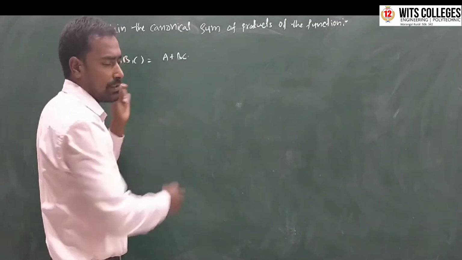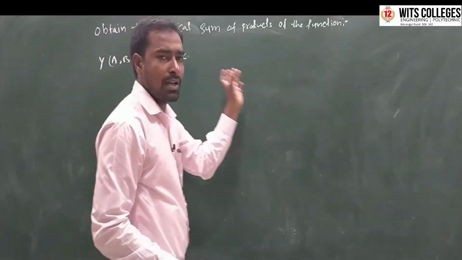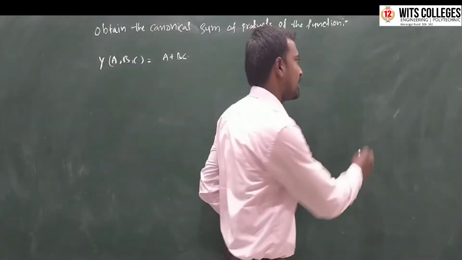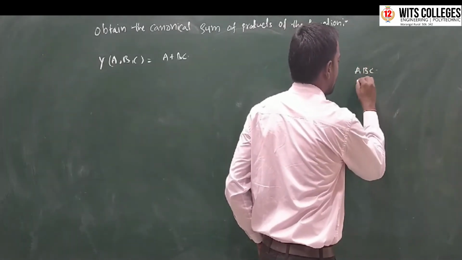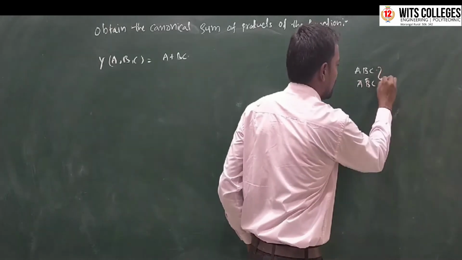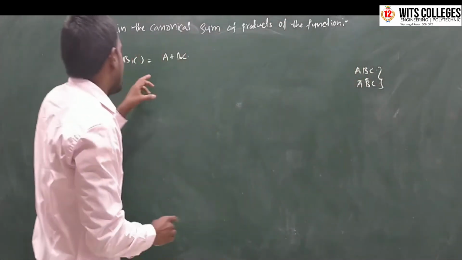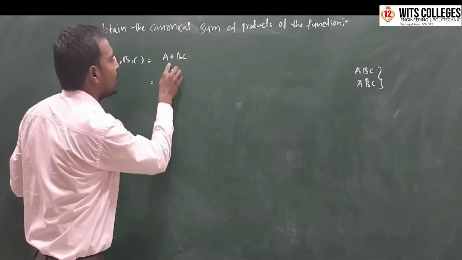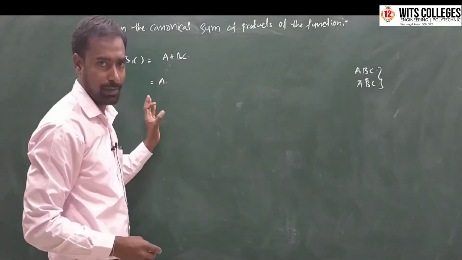A, B, C. That means 3 variables, and we have to get each term with the 3 variables. That should be like A into B into C and A bar into B bar into C bar. Here we have a single variable, that is A, and the missing terms are B and C.